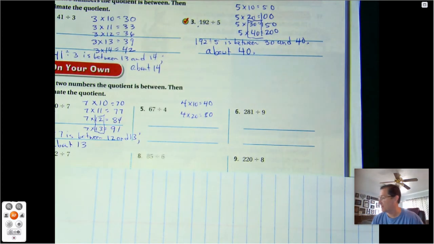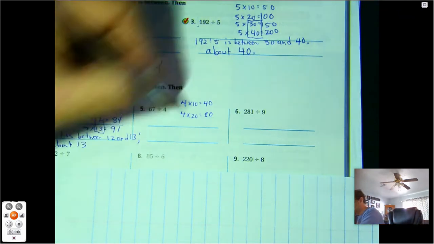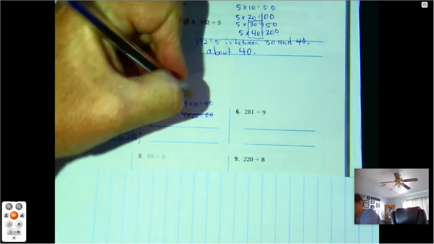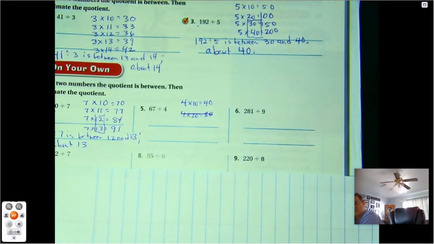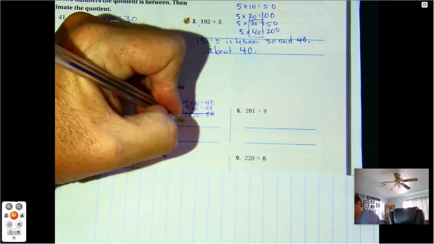And I think I can get closer than that. So let's go ahead and keep adding 4s. 4 times 11, 44. 4 times 12, 48.